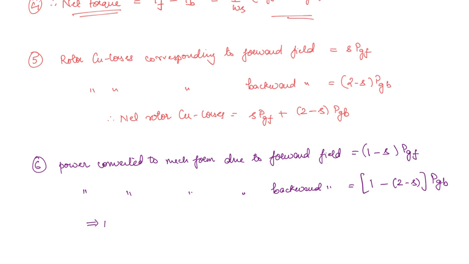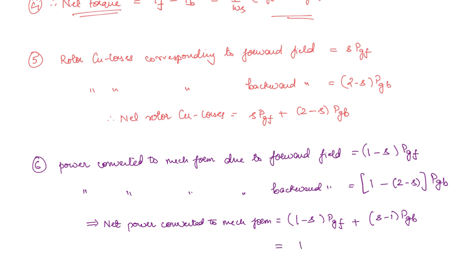So the net power converted to mechanical form will be (1 minus s) times PGF plus, this becomes s minus 1, so (s minus 1) times PGB. You can simplify this by taking (1 minus s) common, and you get PGF minus PGB. This is the net power converted to mechanical form.